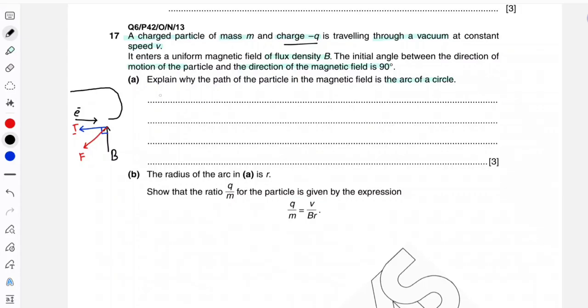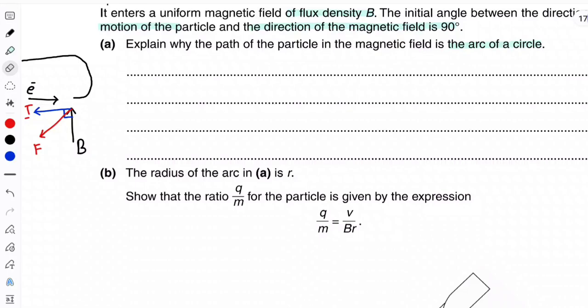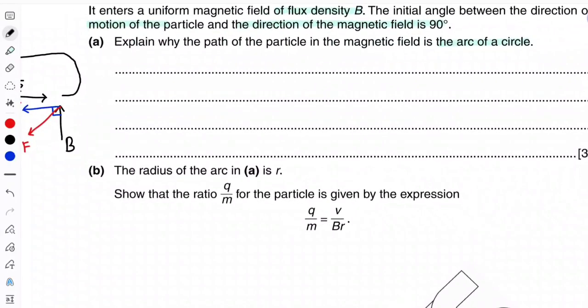Let me explain it to you first. When you're talking about an arc of a circle, that is circular, we're talking about a circular motion. If a particle moves in this direction, then from here on it will move in a circular arc.